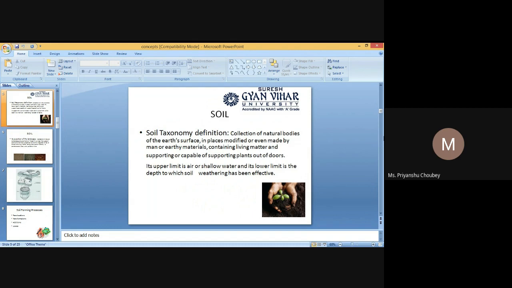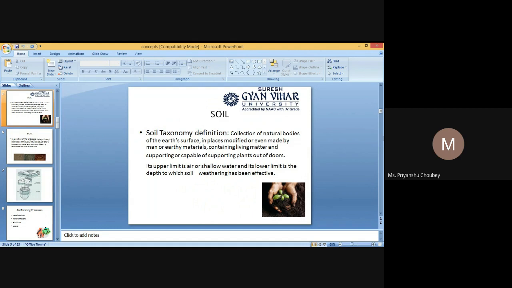Type 1 is blocky. In blocky structure, all three dimensions of the peds are about the same size, providing the shape of a block having flat and rounded faces. These peds are further divided into angular blocky and subangular blocky.